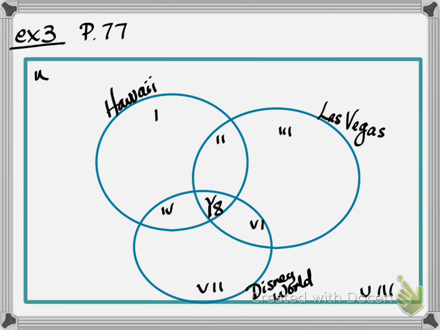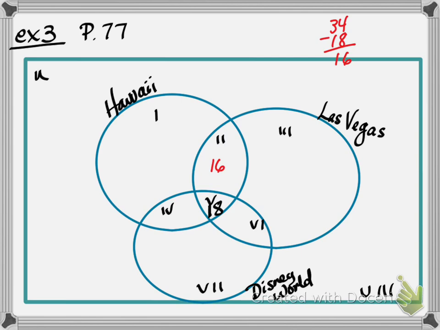So now maybe next we should do the overlaps, like maybe we should look for the Hawaii-Las Vegas overlap. If you look through the information, it says 34 wanted to go to Hawaii and Las Vegas. So I need 34 in this overlap, but we already have 18. So 34 minus 18 is 16. So we have 16 there in that overlap.